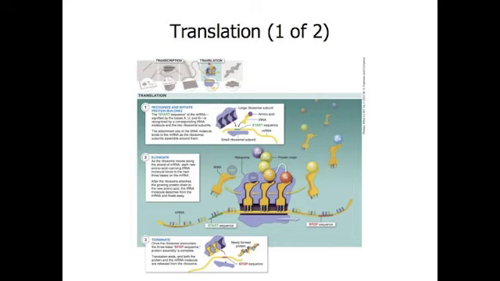As this process continues, the amino acid chain grows. The next 3 bases on the mRNA specify the next amino acid to be added to the first 2 amino acids. The 3 bases after that specify the 4th amino acid, and so on.